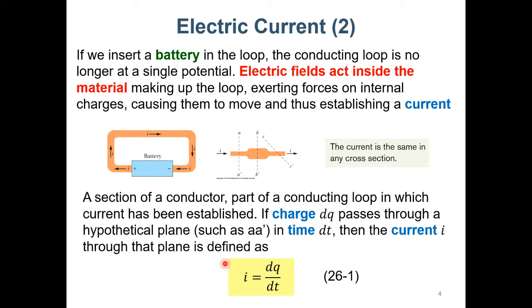If it is just a constant current, then it's nothing but Q over T. But the current is not necessarily DC current. It may be an AC current of any shape, not necessarily a single sinusoid. It can be a multiple sinusoid, as you will learn in signals and systems this semester.